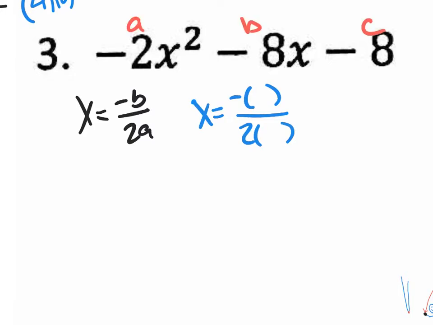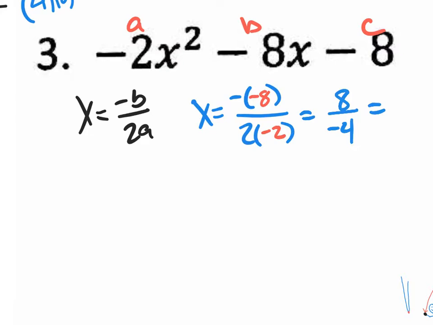So your B value goes up here, and your B value happens to be negative 8. Your A value goes down here, and your A value happens to be negative 2. So we're going to end up with positive 8 over negative 4. So what does that equal, positive 8 over negative 4?